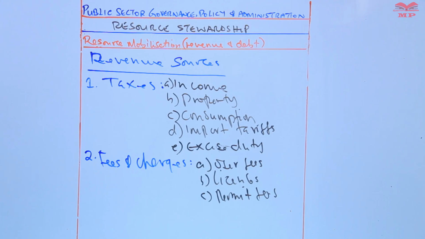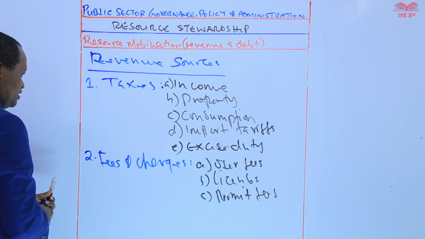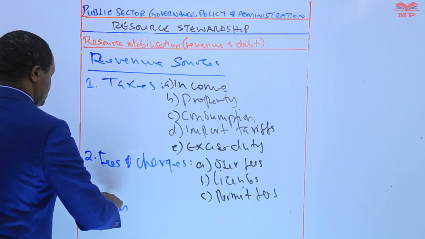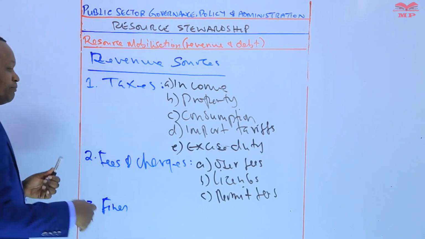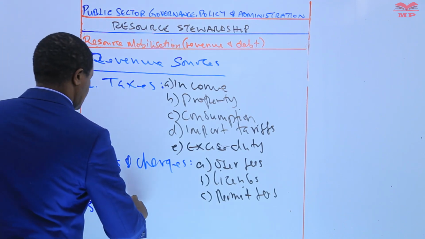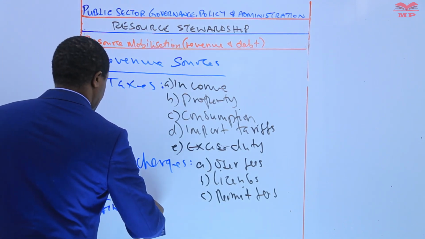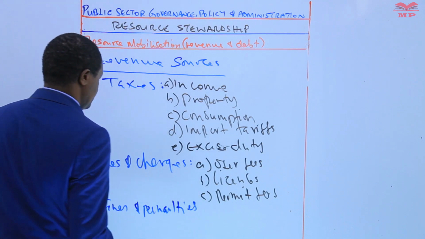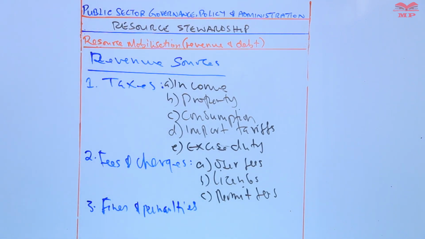Permit fees. Then you have fines. Number 3, fines and penalties. Fines and penalties is a source of revenue to the government.